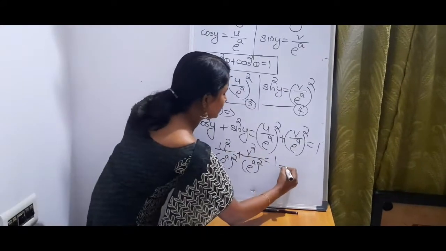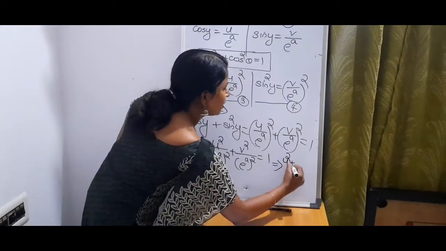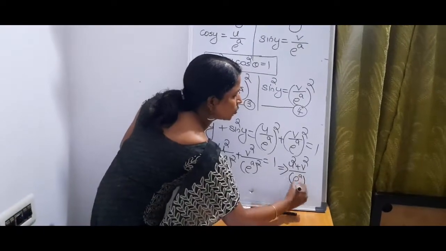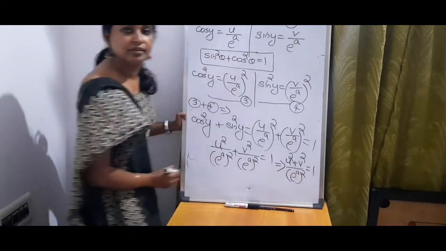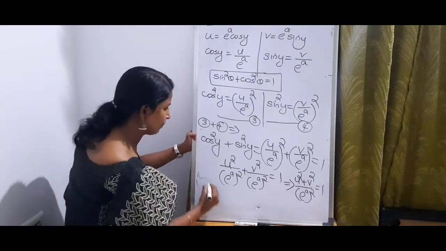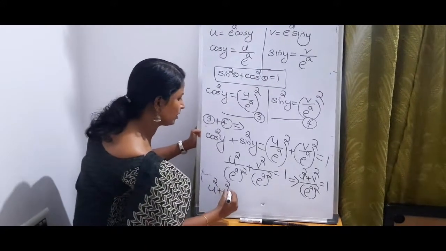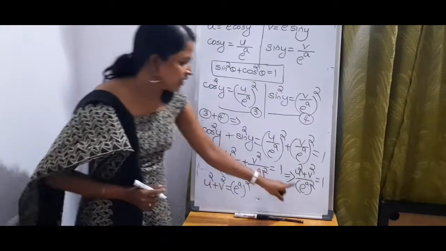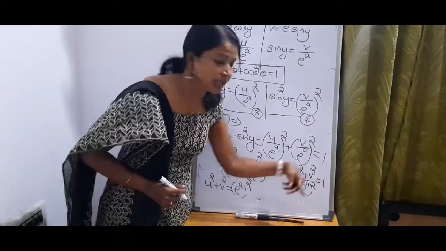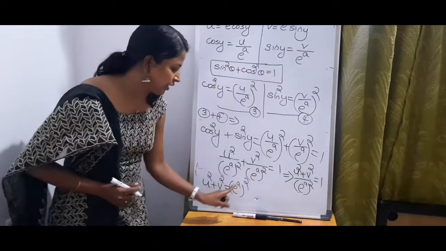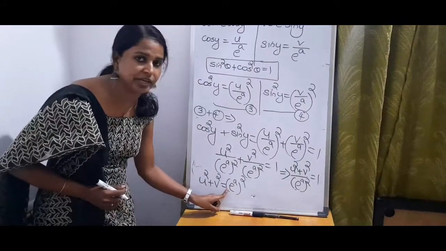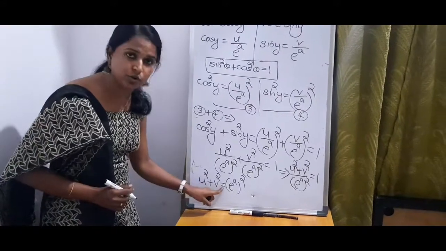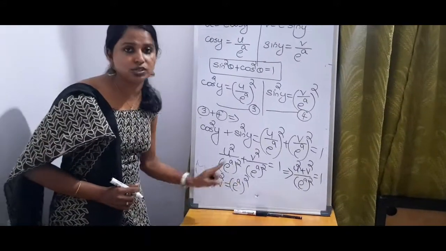So u square plus v square, whole divided by e raised to a the whole square, equal to 1. That is, u square plus v square equal to e raised to a the whole square. Take this e raised to a the whole square to the right side.